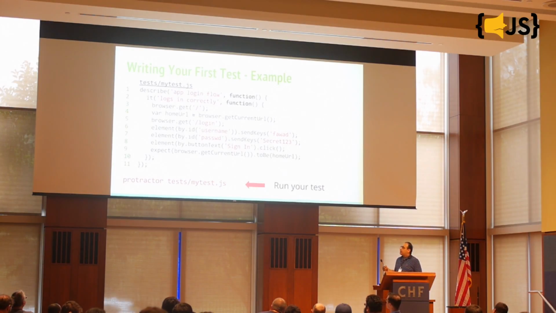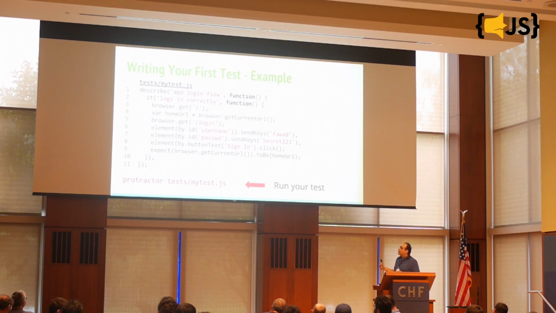If the login succeeded, both of these should be the same. So this is the basic structure of any unit test in Jasmine, and also the integration test in Protractor. We are setting up some variables and performing some user actions or keyboard actions, and finally we are setting up an expectation. If this fails, the whole test fails.